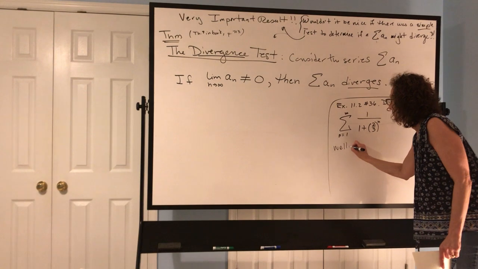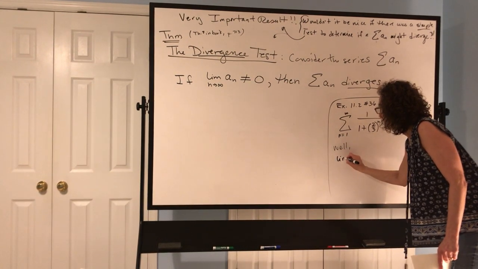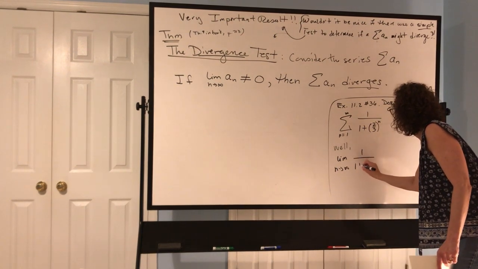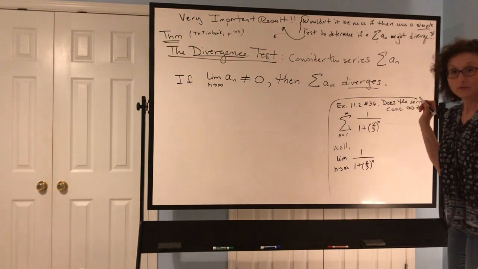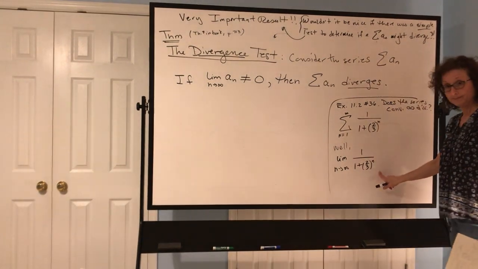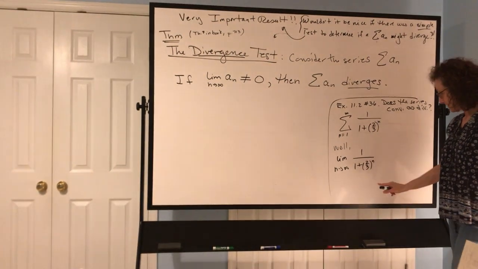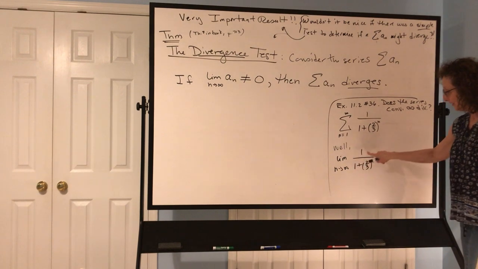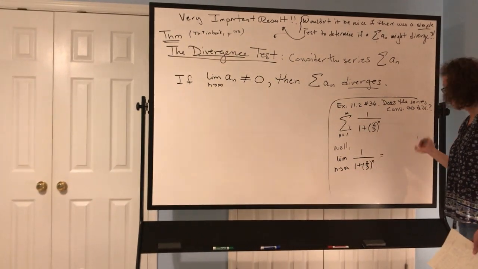Let's consider the limit as n goes to infinity of 1 over 1 plus (2/3)^n. What is that limit? Well, the numerator is just 1.